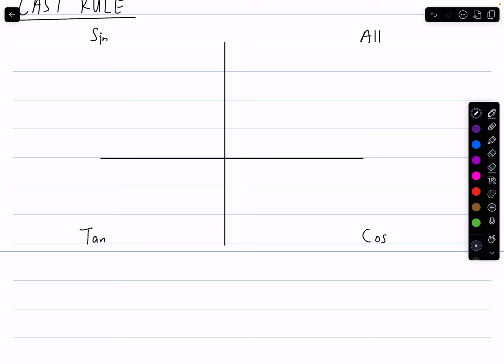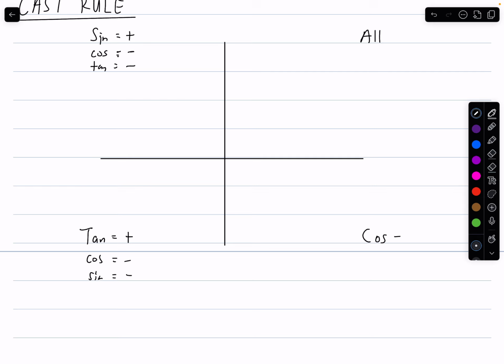So what does that actually mean? Over here, whenever you take the sine of any function, it is always going to be positive. When you take the cos or the tan, however, these are going to be negative. So only in this quadrant, sine is positive. But over here, tan is positive, and cos and sine are negative.